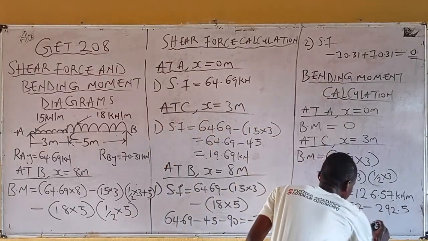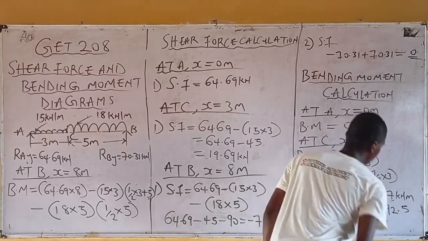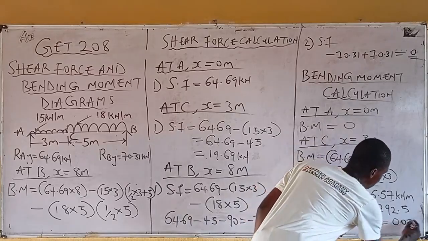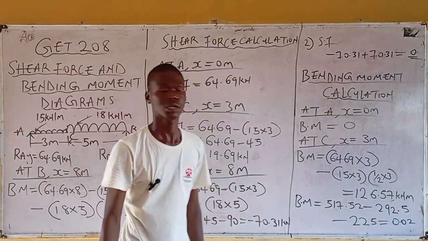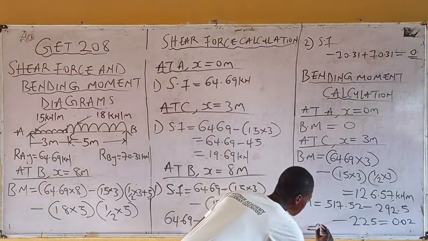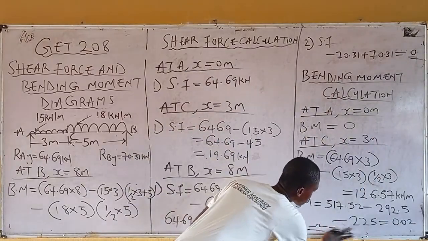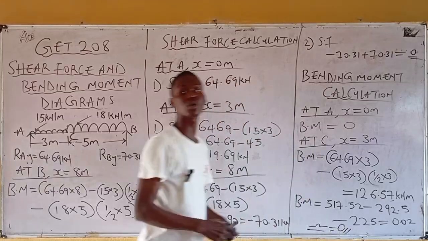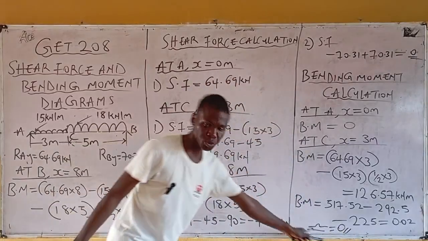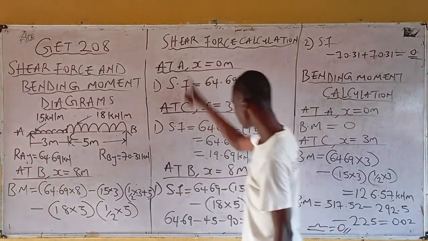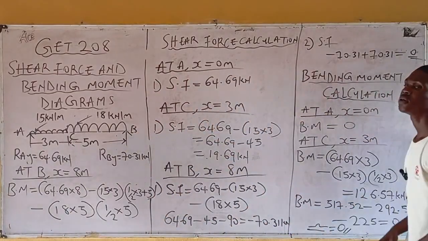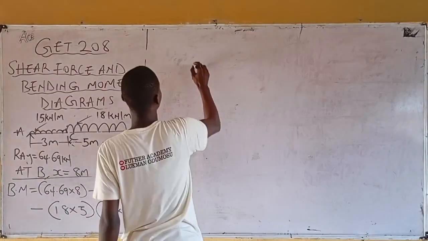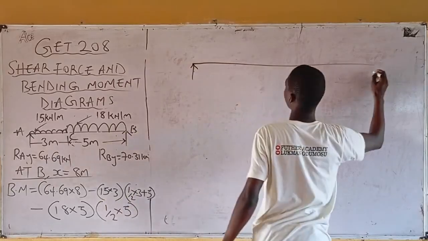Input all this in your calculator. What's the answer? 0.02, approximately 0. With this, are we correct? Yes. Why? Bending moment must start with 0 and end with 0, and shear force must end with 0. Now, shear force and bending moment diagram.